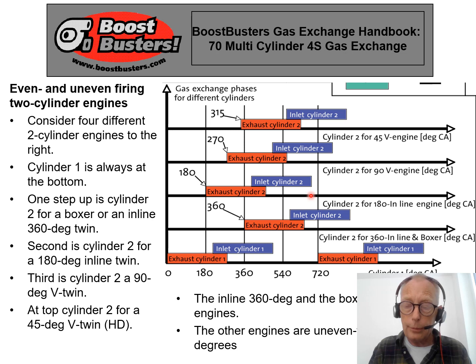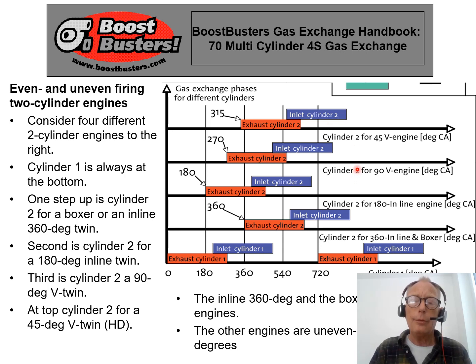The problem is that the gas exchange spacing becomes much more uneven, which means that one of the cylinders will be more disturbed by the other cylinder than the other way around. So the engine becomes a little bit limping, and the firing order for a 180-degree inline engine is the worst of them all.